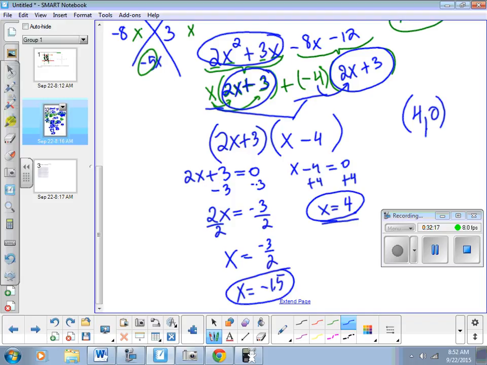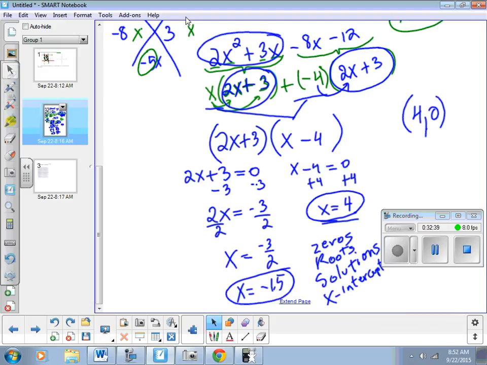Those are called your zeros, your roots, your solutions, your x-intercepts. Okay? So if a problem that has a quadratic equation in it says, what are the zeros, the roots, the solutions, or the x-intercepts, they're all saying the exact same thing. Okay?